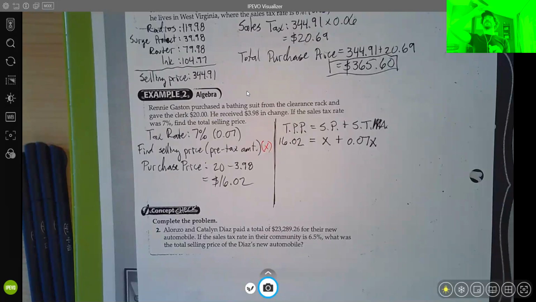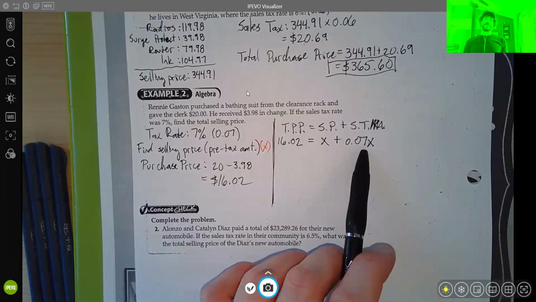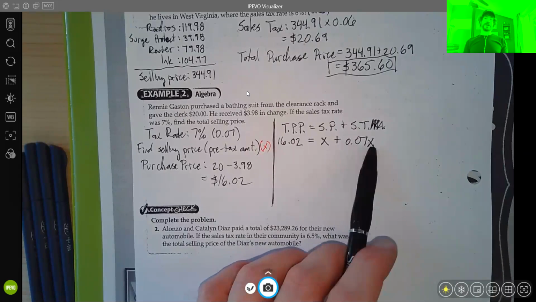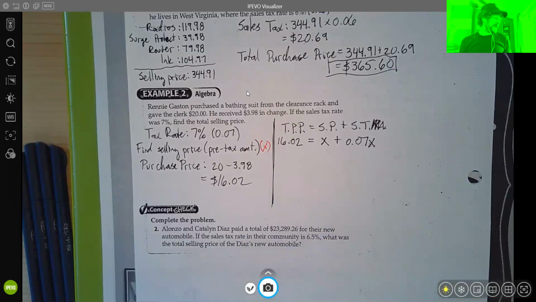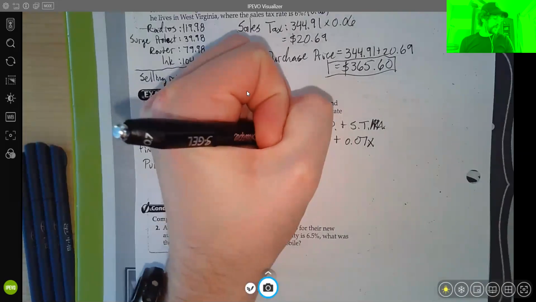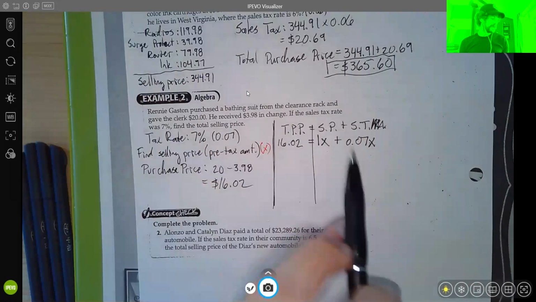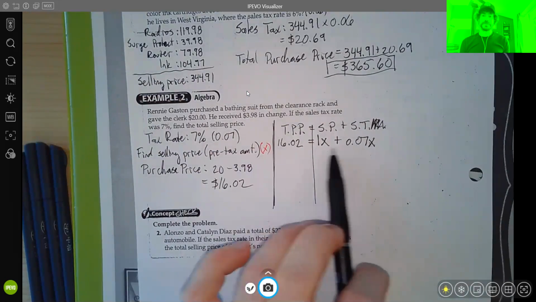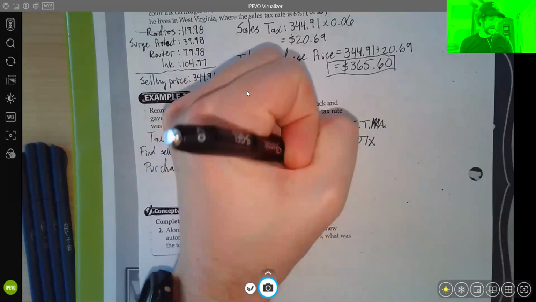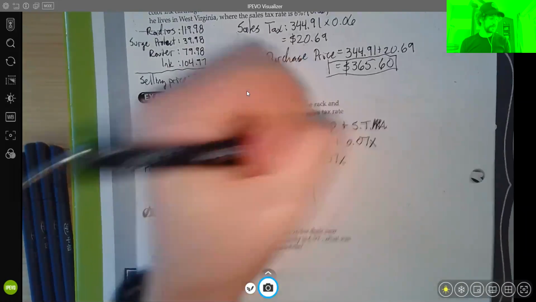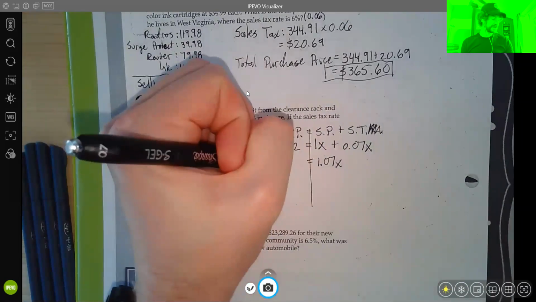The sales tax rate, 0.07, multiplied by the selling price of X. And X by itself here is the same as 1X. These two things are like terms. We can add those together. 1X plus 0.07X is 1.07X, because they both have X.